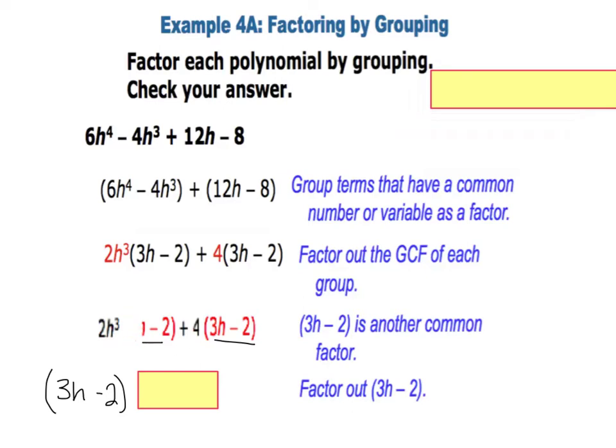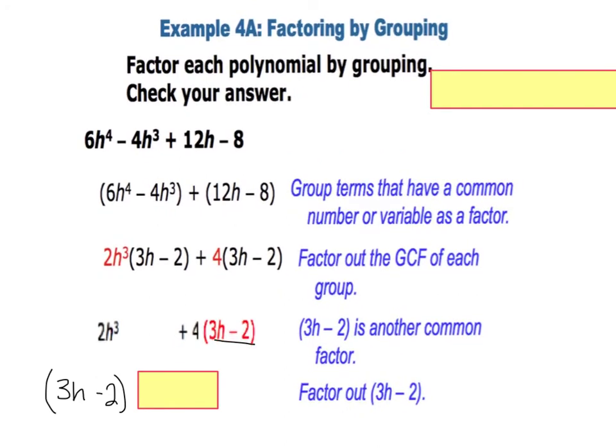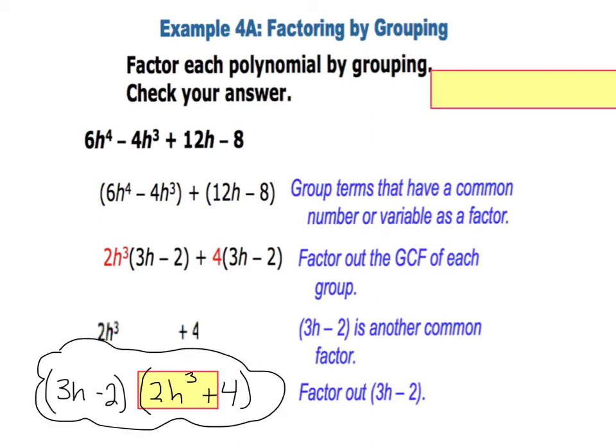If I were to factor that 3h minus 2 out, I wouldn't have those any longer. So what's left? Well, I'm going to be left with 2h to the third plus 4. So I'm just going to bring that down, and we're going to say 2h to the third plus 4. And there is my factoring by the method, factor by grouping.